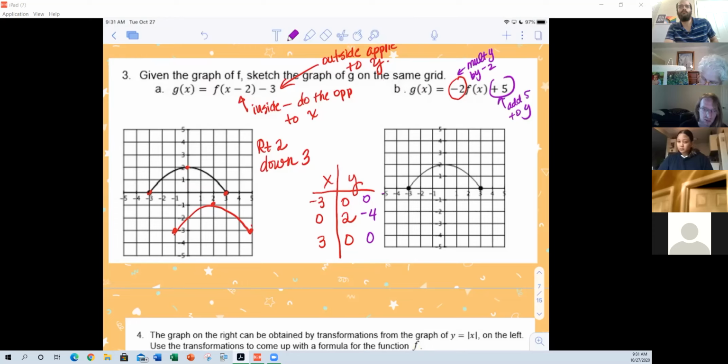So this would become 5. -4 plus 5 is 1. 0 plus 5 is 5. And we will plot those points: -3, 5; 0, 1; and 3, 5.